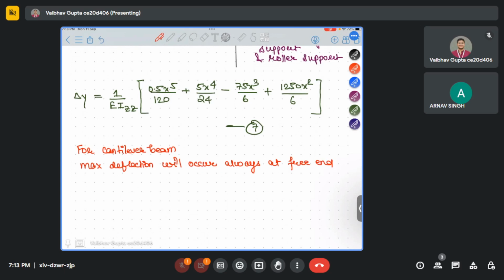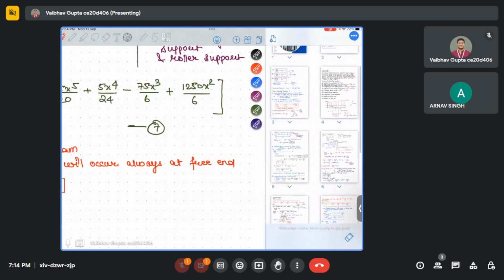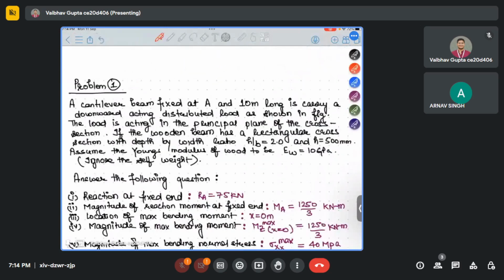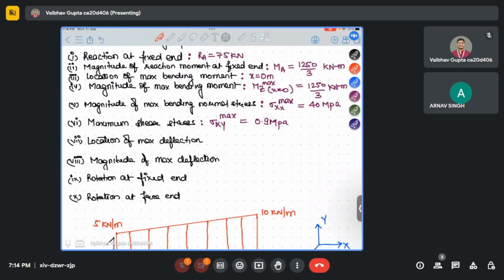Remember this thing. So location will be x equal to 10. This is the answer to our seventh part.